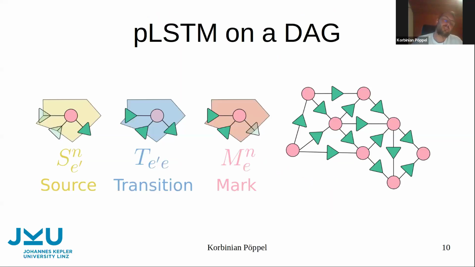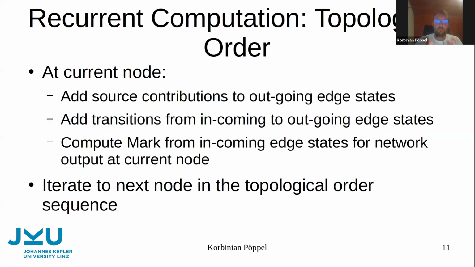There we now have these structures, these sources, these transitions, and these marks. And here it's visualized again. The source connects a node with outgoing edges. The transition connects incoming edges with outgoing edges, and the mark connects incoming edges with the output. How do we compute this? Because we have a directed acyclic graph, there is a topological order of this graph.